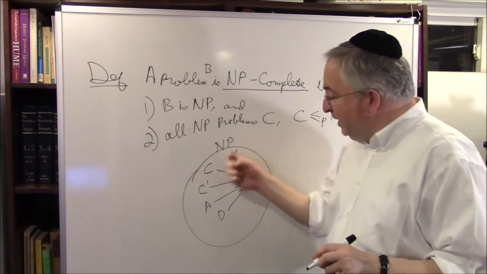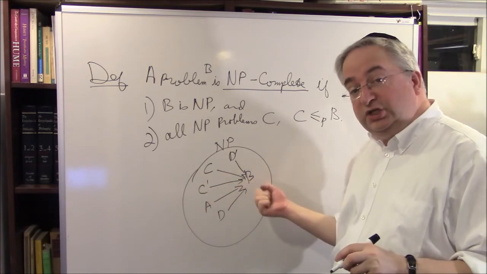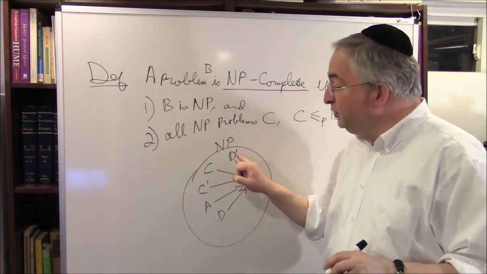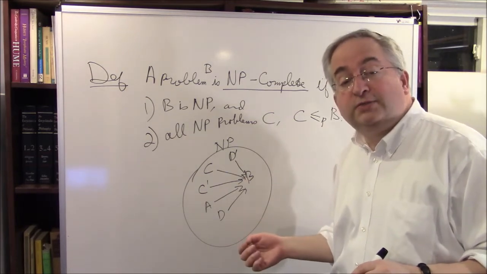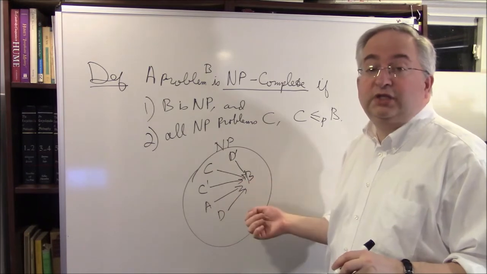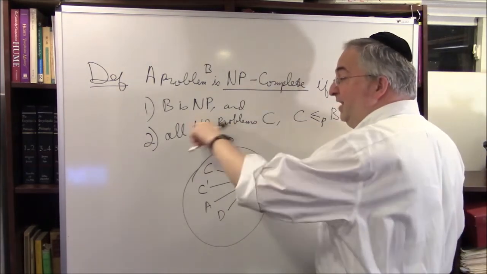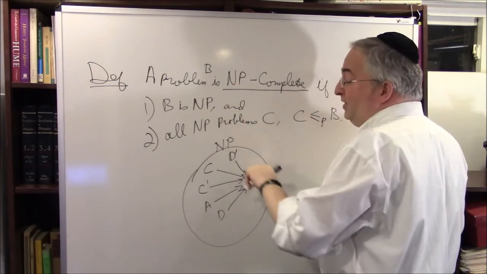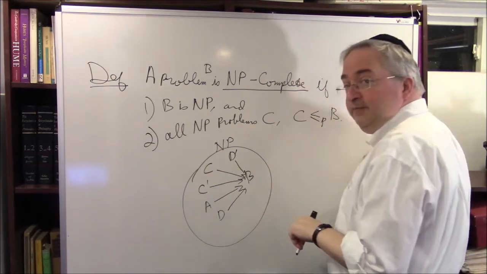Well, that means that B is the hardest problem, because if you could solve this problem, you can solve this problem, this problem, this problem. That's the definition of the hardest problem. If B is NP complete, then all these problems are easier or equal to it.